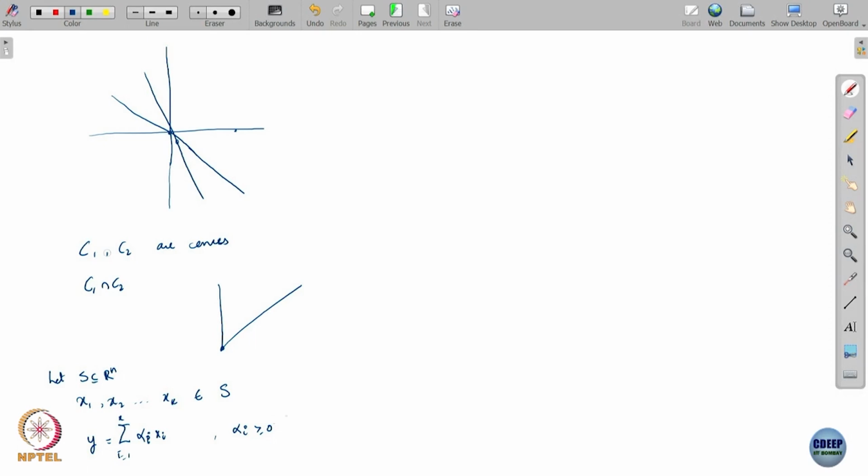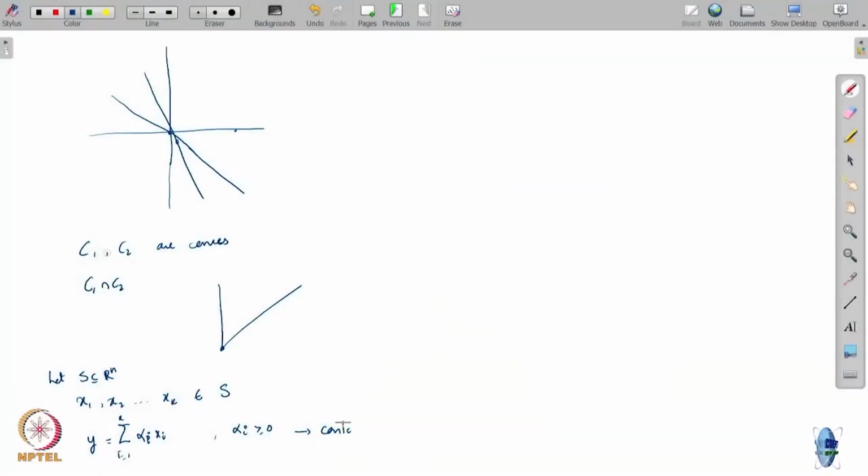So, all the alphas are just greater than or equal to 0. This is what is called a conic combination.